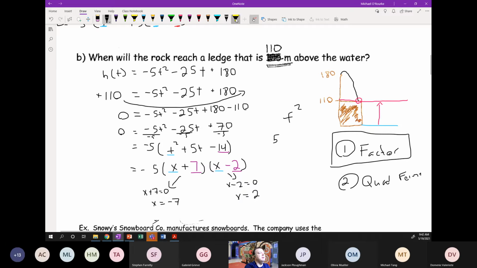So that means our answer has to be 2, because we can't go back in time. So after 2 seconds, it would hit the ledge.